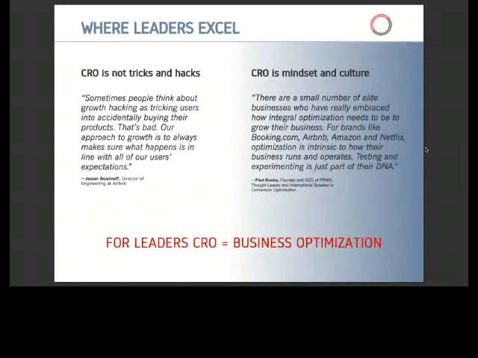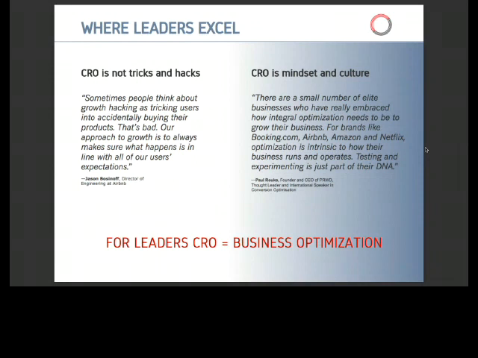Okay, so the last thing from our survey that I wanted to share today is we try to see where the leaders excel. Here we looked not only at the leaders in the airline industry from our survey, but we also tried to look at the travel elite, Booking.com, Airbnb, and some people from Skyscanner.